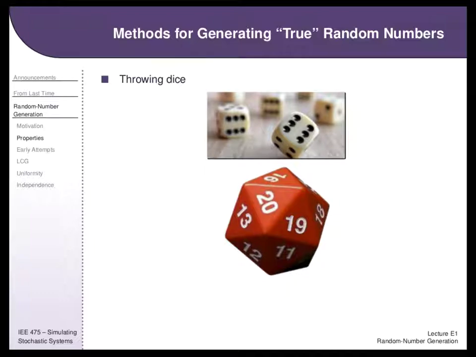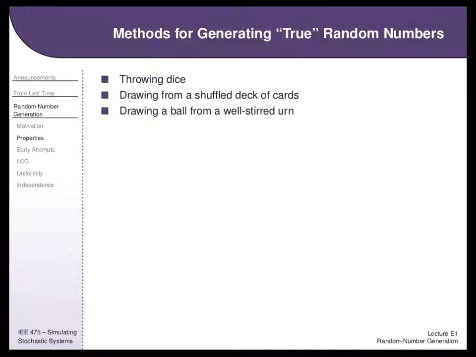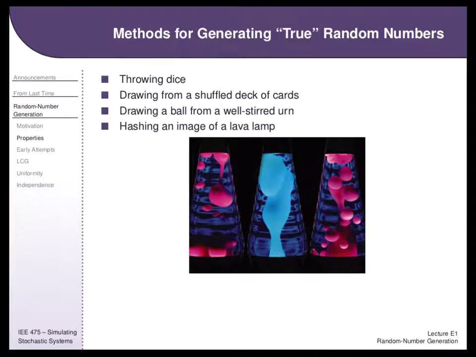We could throw dice. That's not really convenient if you want to draw a million of these things and have a computer do it. We could draw from a shuffled deck of cards or draw a ball from a well-stirred urn. Again, those aren't really good for automated systems. There are some interesting things that people do online. There are setups where people put a webcam on a lava lamp, and then they take all the pixels out of the image, add them all up together, and run a little bit of arithmetic to get a number out.